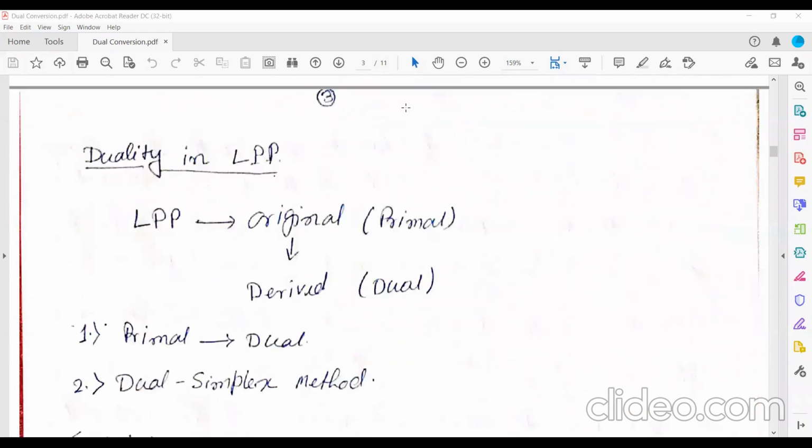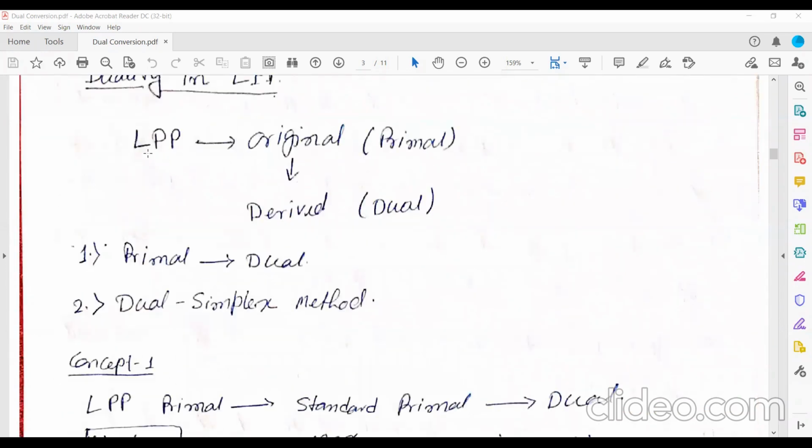Okay, so this is your duality. That original linear programming, the original LPP, is called your primal, and from the original linear programming you derive another linear programming problem, which is called your dual.